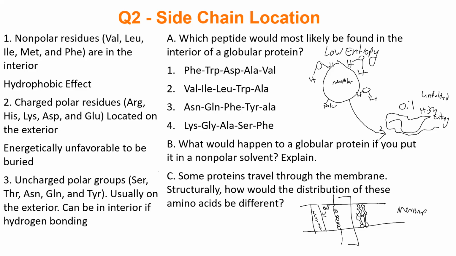So the hydrophobic, it depends on what type of structure we're looking at, right? If we're talking about a helix, like I drew in this first protein, this helix is going to be full of hydrophobic amino acids, while right here on the very edge and outside, you're going to have your polar amino acids. If it's a barrel structure, the inside of this protein, that's where you're going to have your polar amino acids.